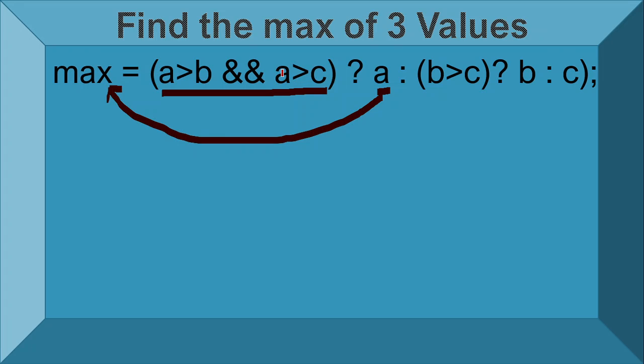As expression 1 is failed, now the control goes to expression 3. Here I am checking, when B is greater than C, then B is the maximum value, and whenever B is not greater than C, then C is the maximum value.